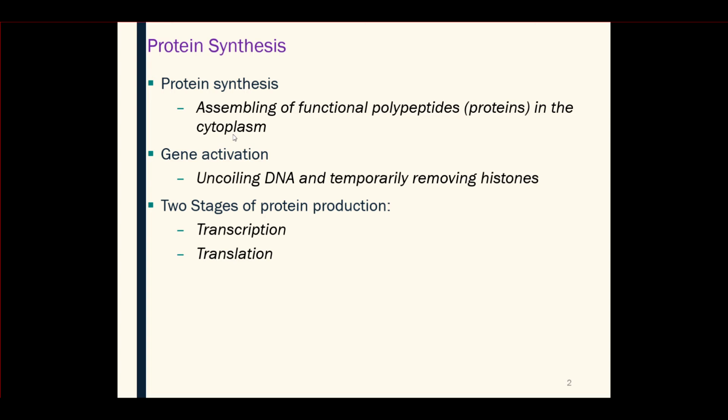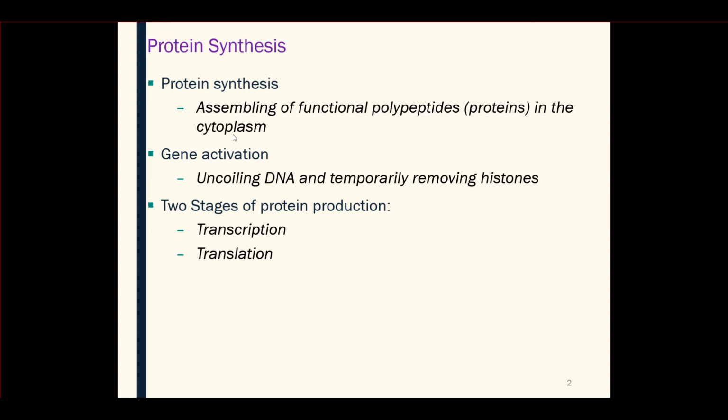So our DNA stores all of the blueprints for the proteins that we need to build. And if you remember from a previous lesson, one gene on DNA is the blueprint for one protein. So in order to build a protein, we have to activate that specific gene.